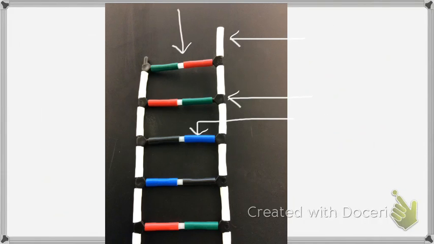Okay, so the actual test will have the models that we built. So I took a picture of our models that we built. I told you guys to do the same, take pictures of your models. And so I drew some white lines to some of the things that are here. So let's just start with this top white line right here. Can you tell me what this white tube stands for? Phosphate. That's good.